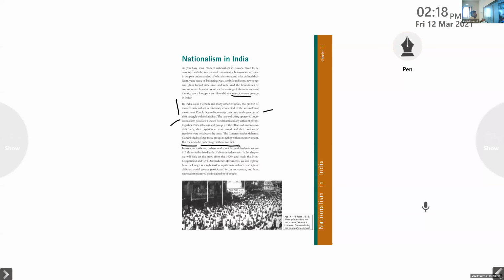In the earlier textbook, you read about the growth of nationalism in India up to the first decade of the 20th century. In this chapter, we will pick up the story from the 1920s and study the non-cooperation and civil disobedience movements. The most important topics in this textbook are, first, the non-cooperation movement, and second, the civil disobedience movement, how different social groups participated in the movements and how nationalism captured the imagination of people.